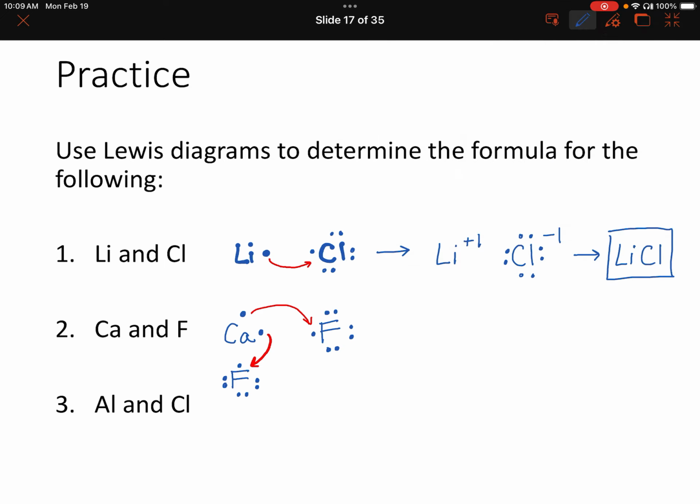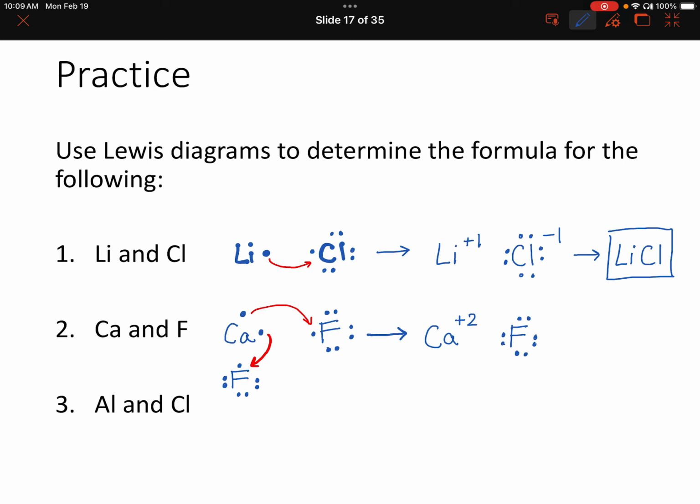So the other way to think about this is if calcium loses both of its valence electrons to become like a noble gas, that means it's giving up 2 negatives. So it will have 2 extra positives in its nucleus. So that's a +2 charge for calcium. And then fluorine only needs to gain 1 electron to become like a noble gas with 8 valence electrons.